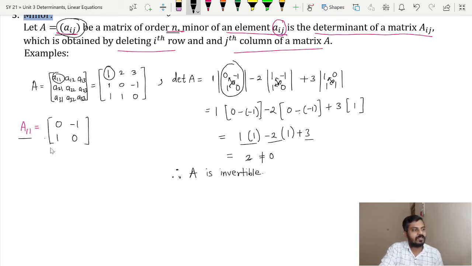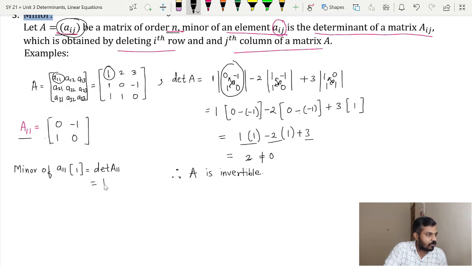The determinant of this matrix will be the minor of element A11. So the minor of A11, that is minor of 1, if you want I will write it inside the bracket, will be equal to the determinant of A11, and that will be nothing but 1.